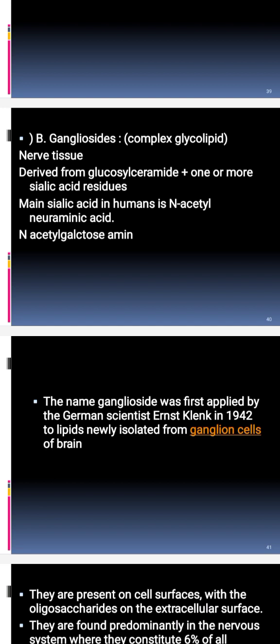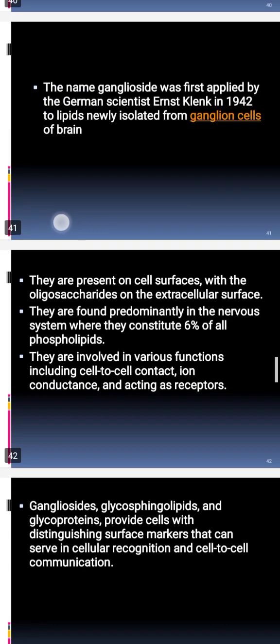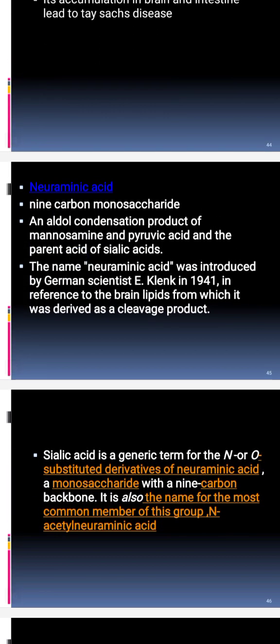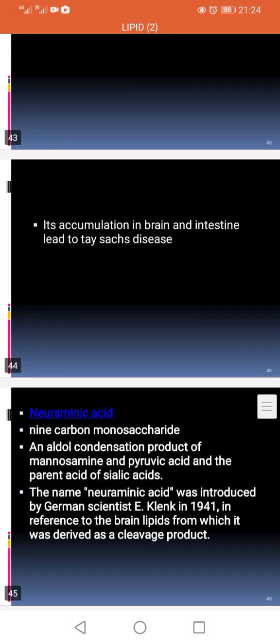The most important sialic acid is N-acetylneuraminic acid. For more research, you have these three slides.